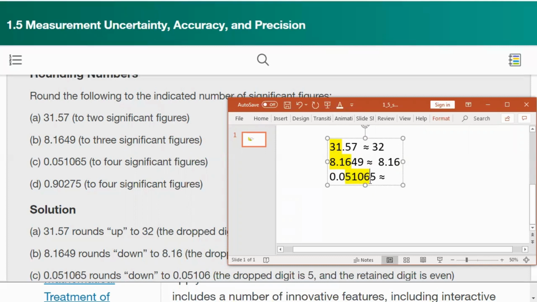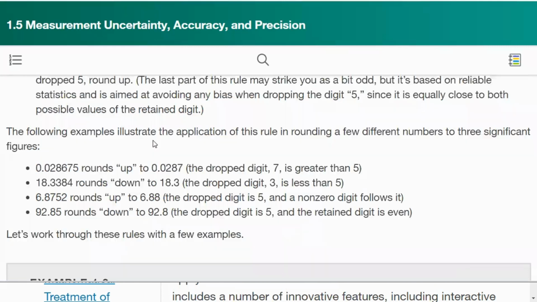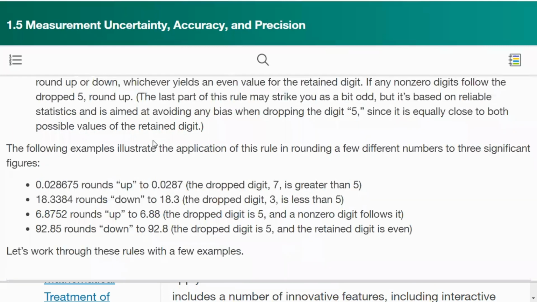And according to our rules, if it's a 5 followed by no non-zero numbers, and we're going to get rid of this 5, the rule is, let me just verify that.